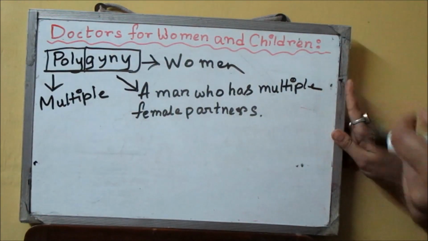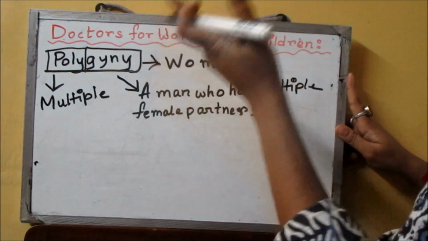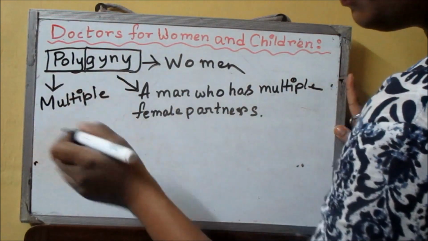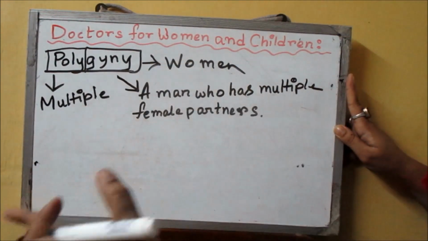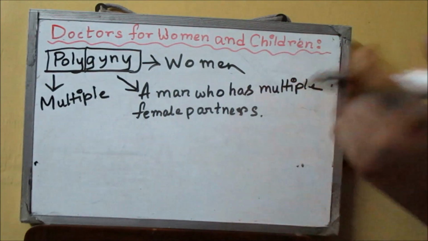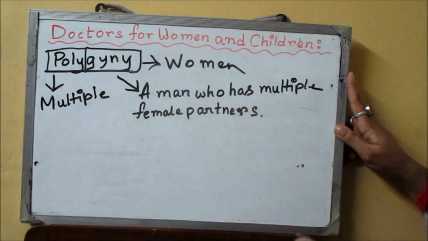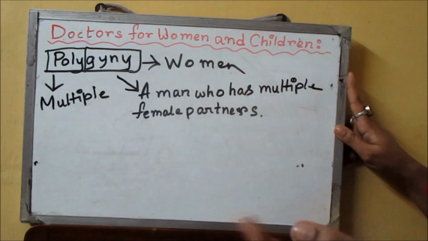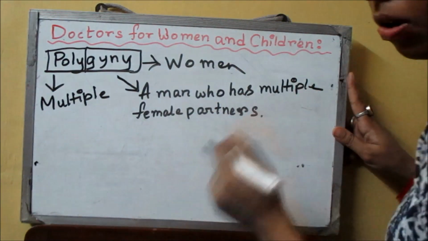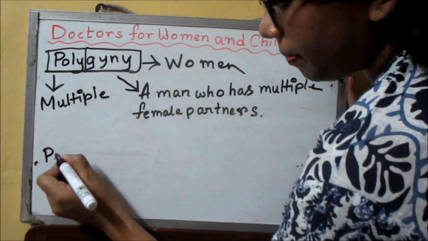Now you can ask me a very obvious question. What is the female counterpart of the word polygyny? Okay, what would a woman who has multiple relationships with men be called? Or the practice of a woman having multiple relationships with males? The word for that is polyandry.